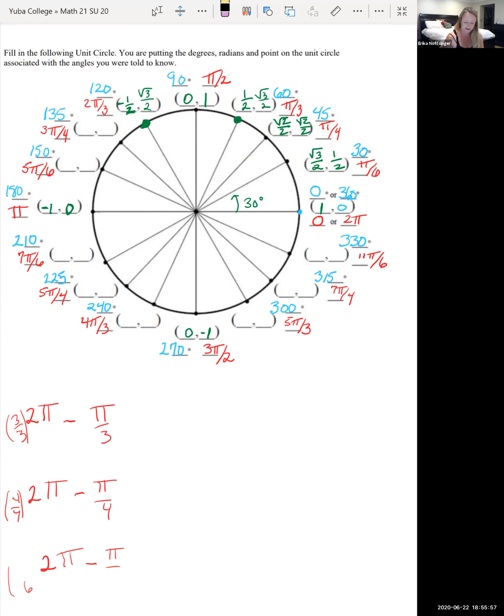So my x value is just going to be the negative of my x values in my first quadrant, but my y values are going to stay the same here. And so 135 degrees is the same as 45 degrees for my y value, √2/2, but x is going to be negative √2/2. At 150 degrees, my x value is going to be negative √3/2, but my y value is positive 1/2.